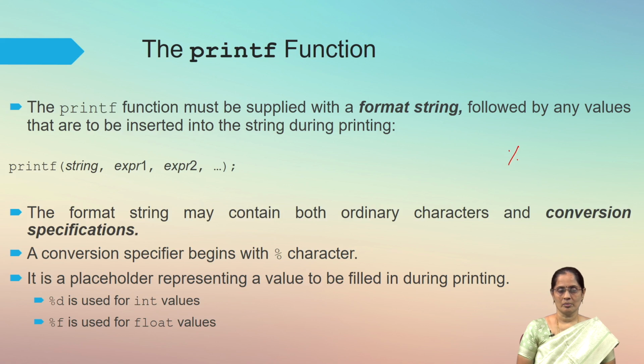Otherwise, it can be named a placeholder. Say for instance, %d is a placeholder for integer type values, and if I am using the conversion specifier %f, it is a placeholder for floating type values or real numbers.